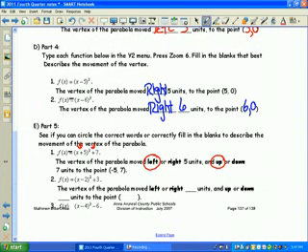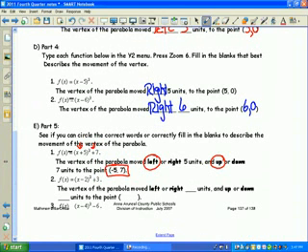So since we moved to the left 5, remember we started at 0, 0. We moved to the left 5 units, so that's negative 5. Then we went up 7 units, which is positive 7. That's why my vertex is negative 5, 7. Looking at number 2, we have x minus 2 squared plus 3.